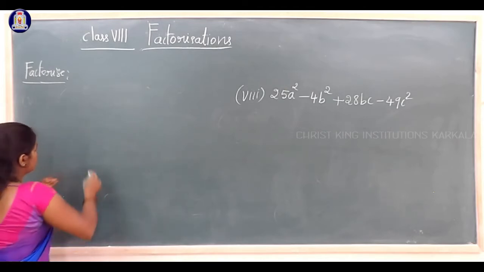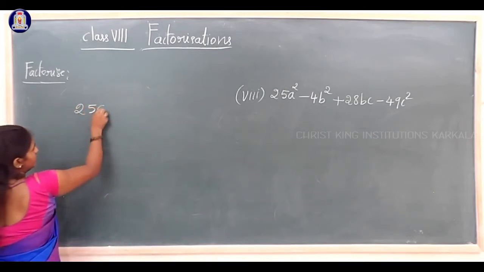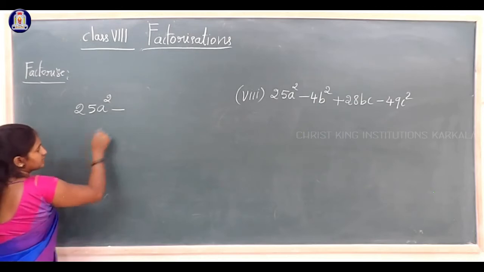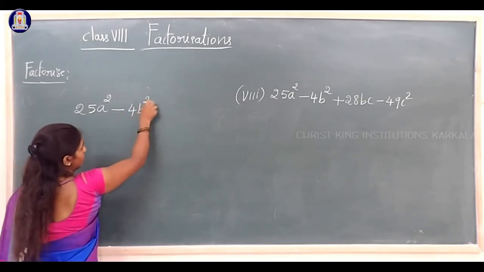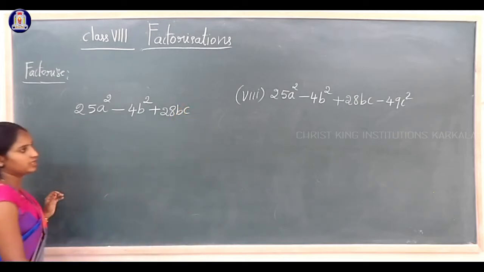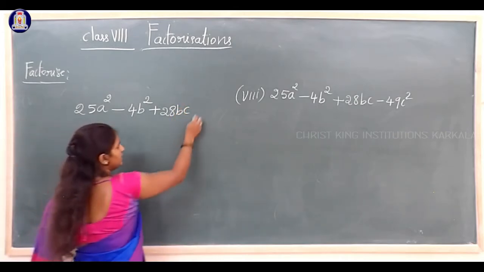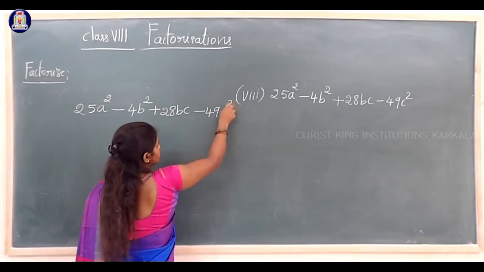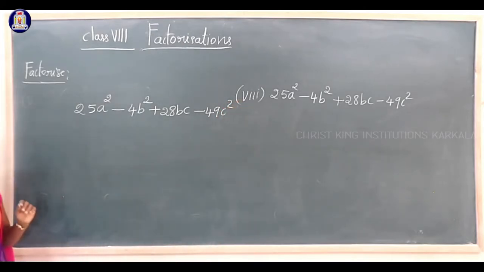So the question is 25a square minus 4b square plus 28bc minus 49c square. So here, can you take a common factor? Can you make a group and take a common factor?